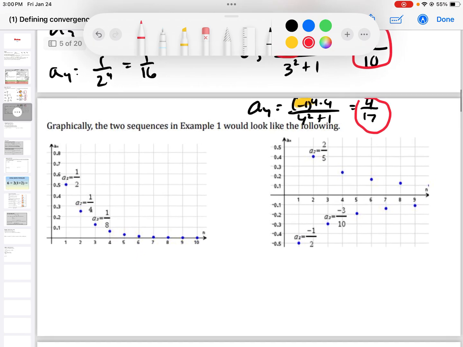That's going to be a big thing later. Just start thinking about it. All right, graphically, the two sequences look like this. In both cases, the y numbers, the terms, are approaching 0. But this one is approaching from positive, negative, positive, negative, but still those numbers are approaching 0. So that's an idea.